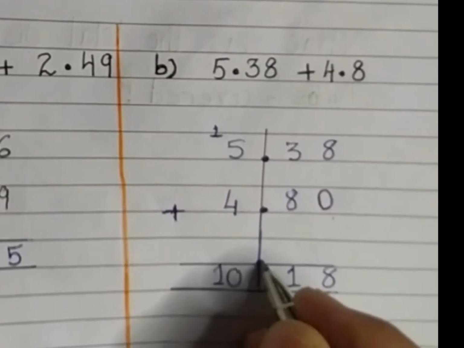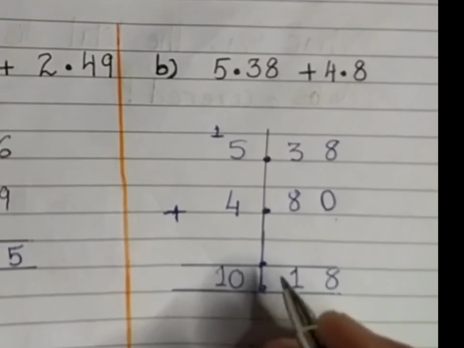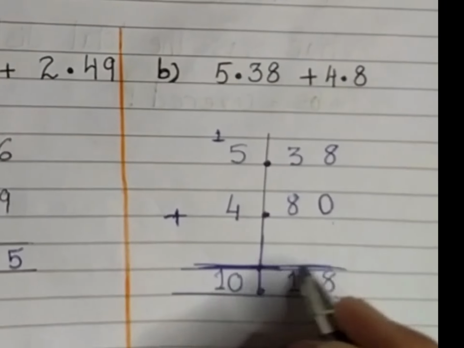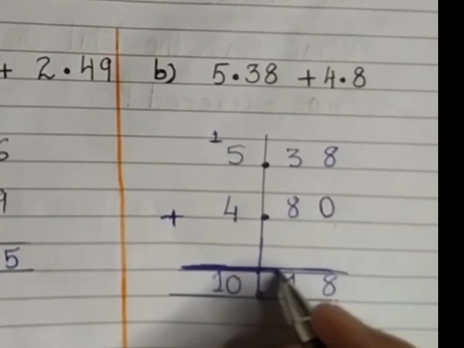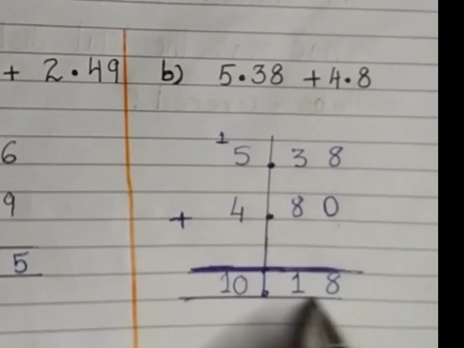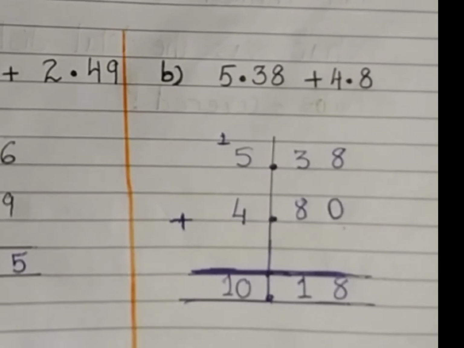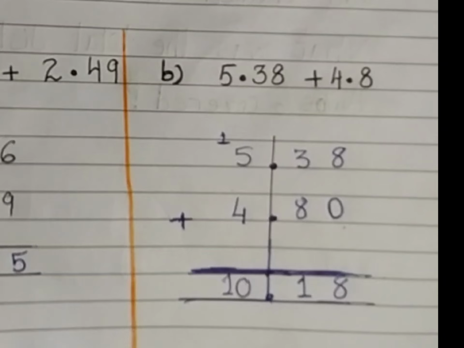Okay, my decimal point should have been here. Instead, I have made it here. So let's ignore this. Okay, so this is my answer for the 6th question, part B. So hope you have all got the same answer. Let's move ahead with the rest of the questions.